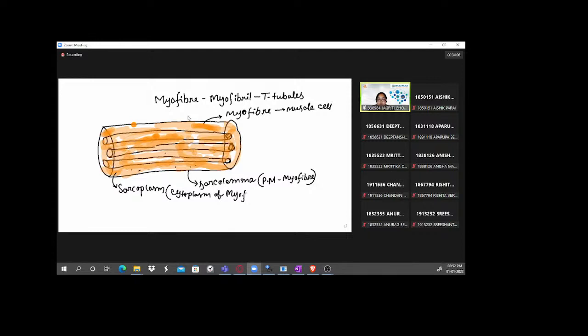Now, the next thing we will talk about: the surface of the plasma membrane is not that smooth. It has some inner growth, that means some tube-like structures which are not open from the inside. The outer part is open, but the inner part is not.